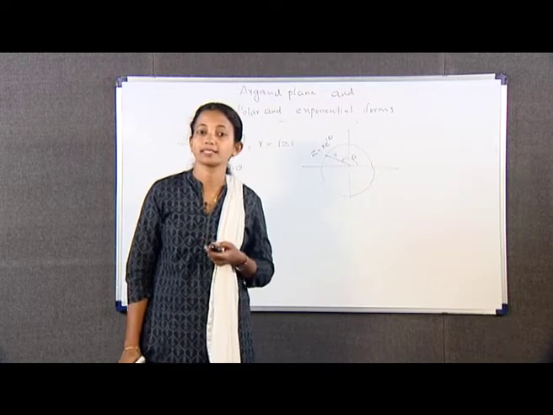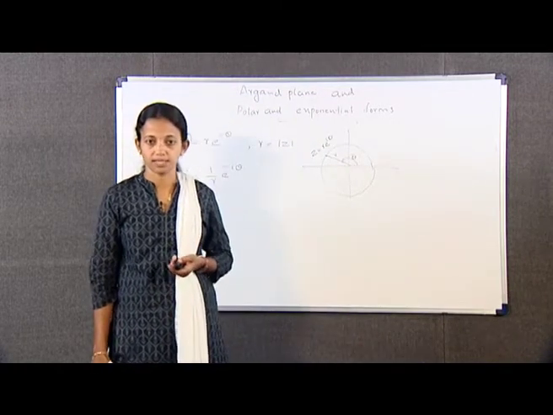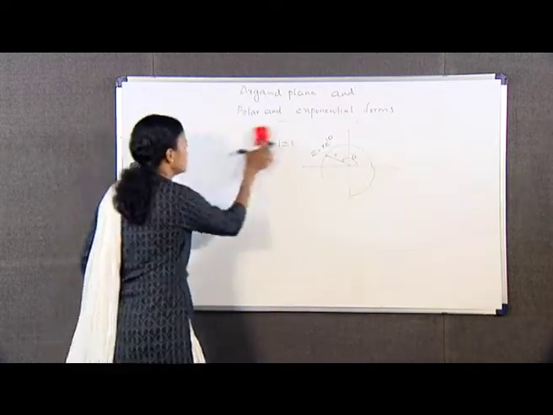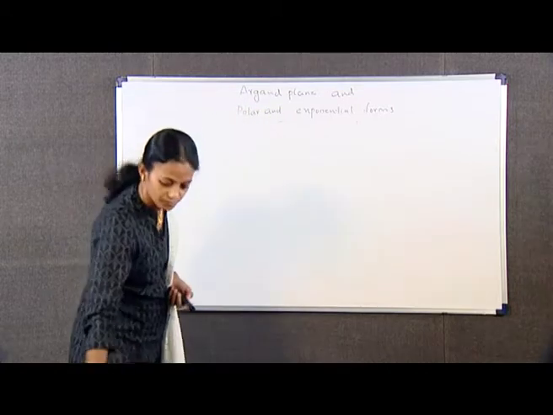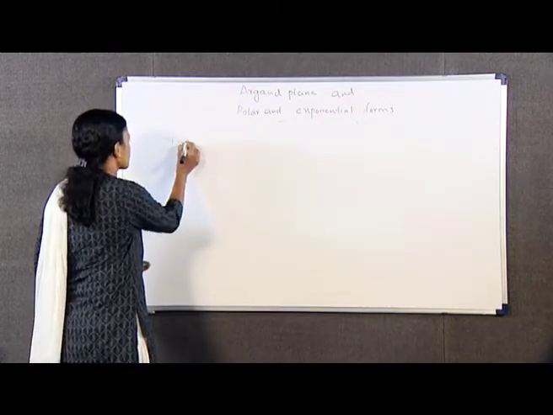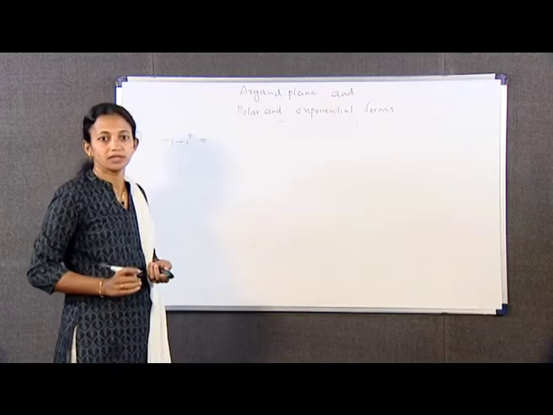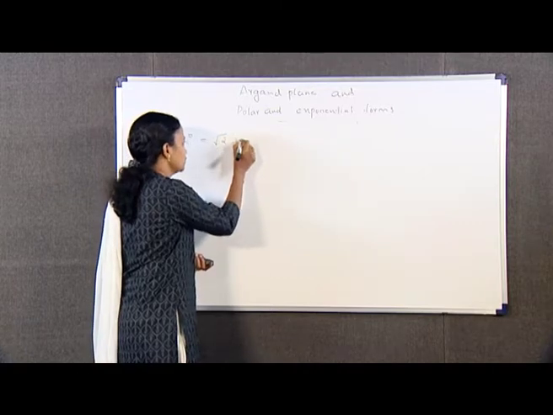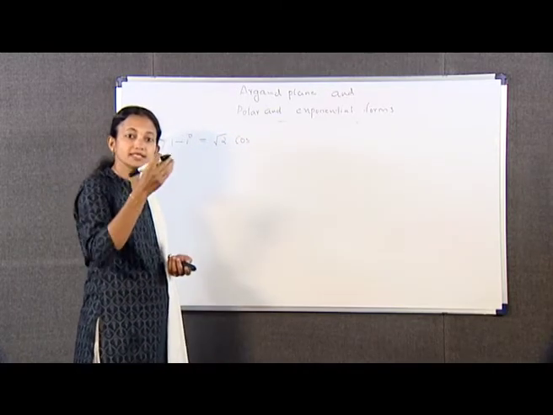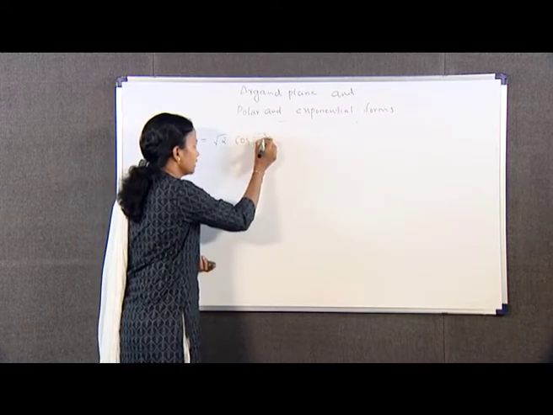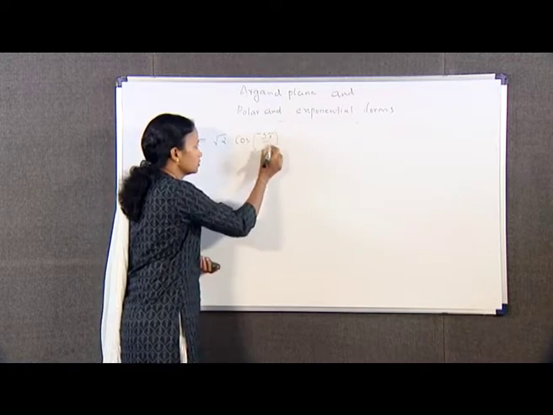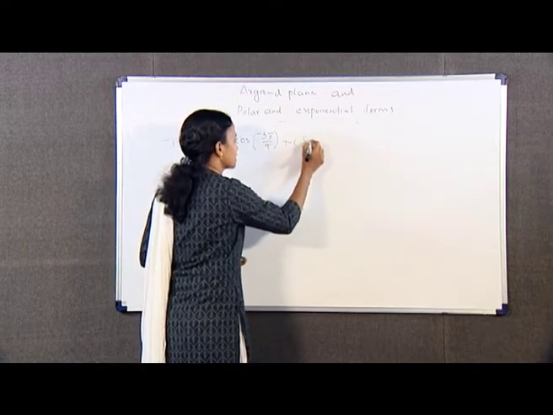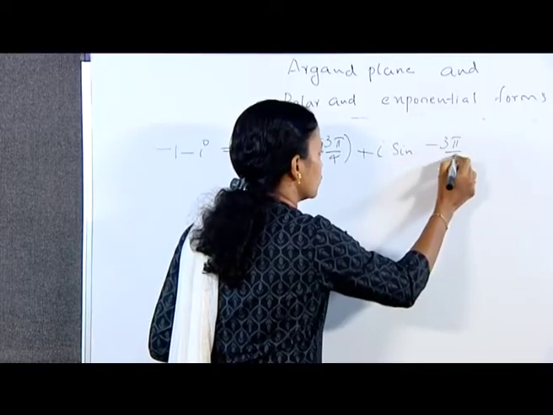Thus the point has a polar representation, that is minus 1 minus i is equal to square root of 2 into cos minus 3 pi by 4 plus i sin minus 3 pi by 4.